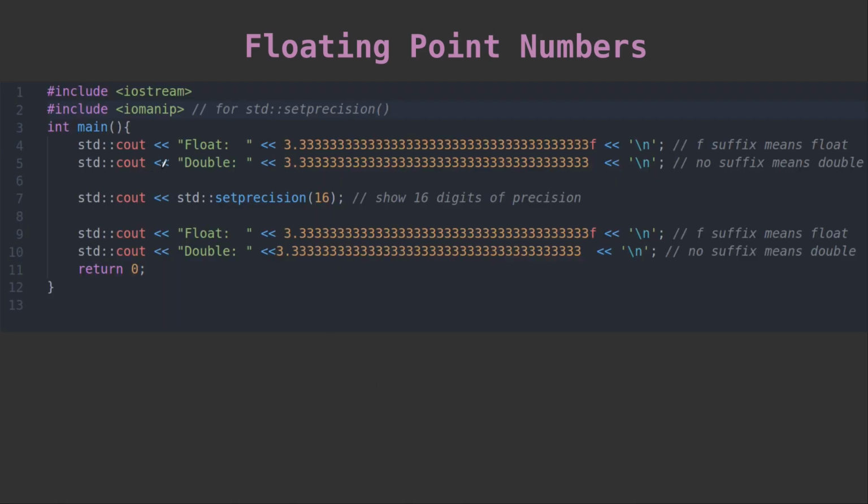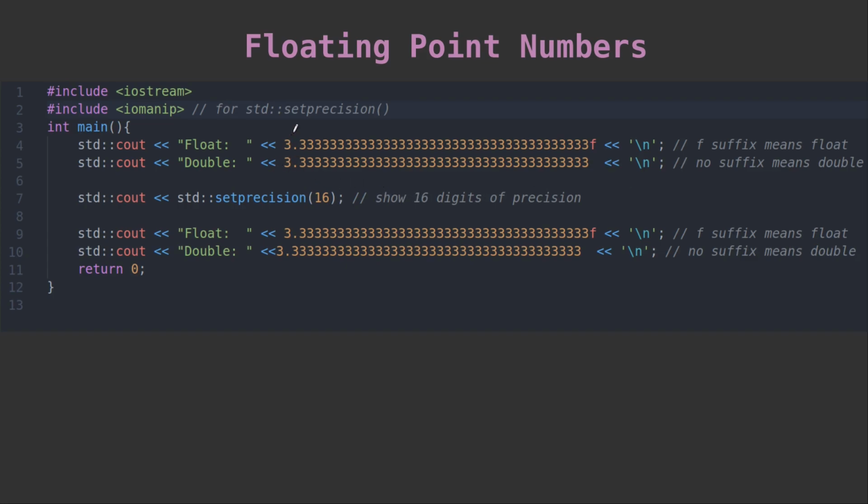So here we define, for example, a float as a really long number, and the suffix here means that it's a float. And we define a double without a suffix. It has a fractional part, then it's automatically considered as a double.